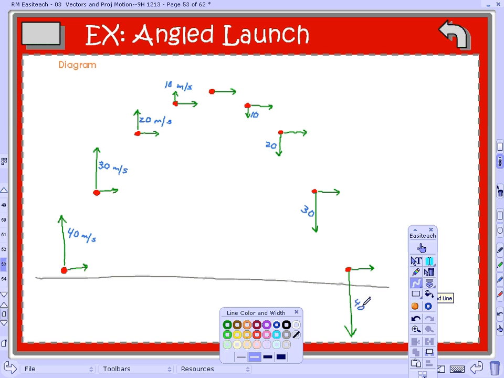And these were at 1 second intervals. These were 1 second apart. So don't count the dots, count the intervals. Okay, count the intervals.